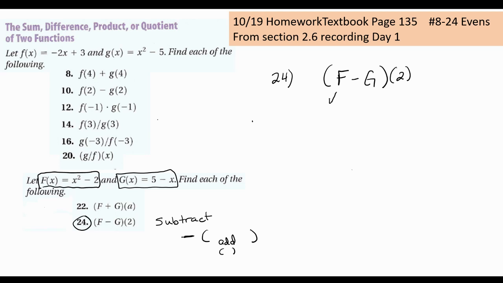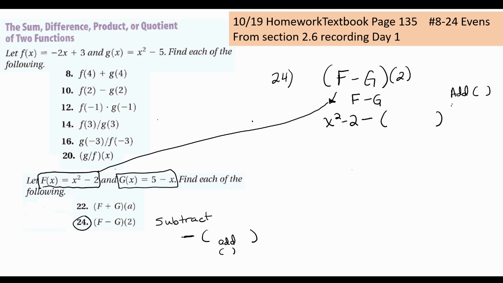Okay, so the f function is right over here. So it's going to be x squared minus 2, minus, so the f function minus the g. So here comes the g in parentheses. So add parentheses because of the subtract.